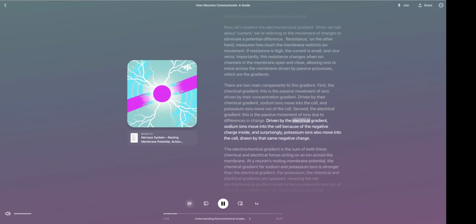Driven by the electrical gradient, sodium ions move into the cell because of the negative charge inside, and surprisingly, potassium ions also move into the cell, drawn by that same negative charge. The electrochemical gradient is the sum of both these chemical and electrical forces acting on an ion across the membrane.